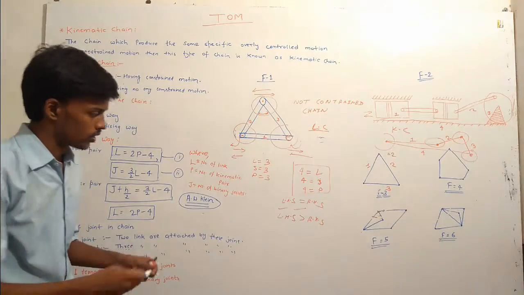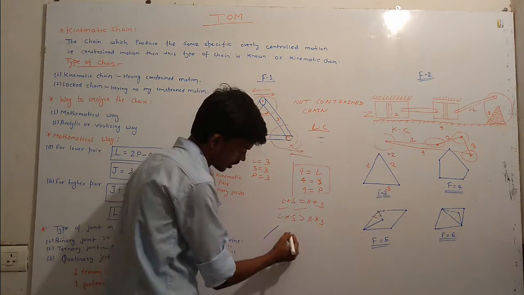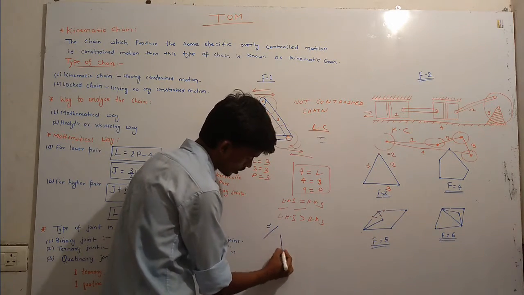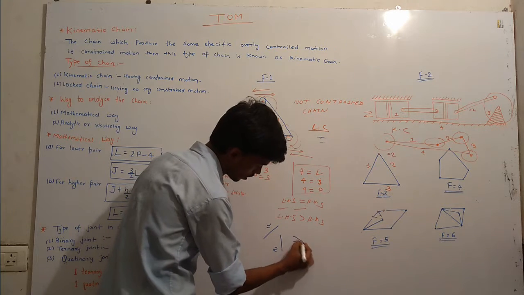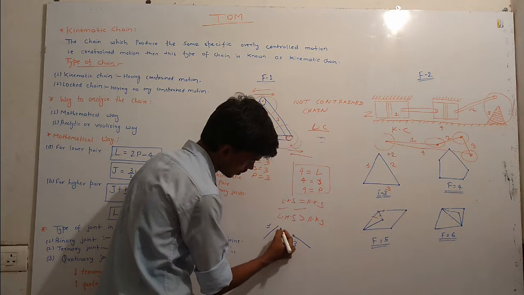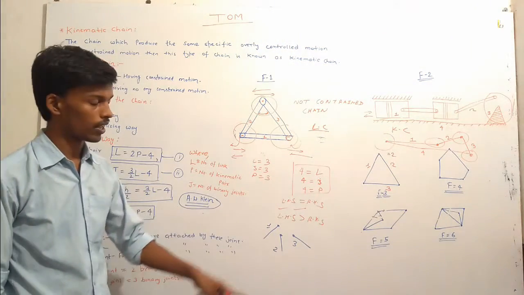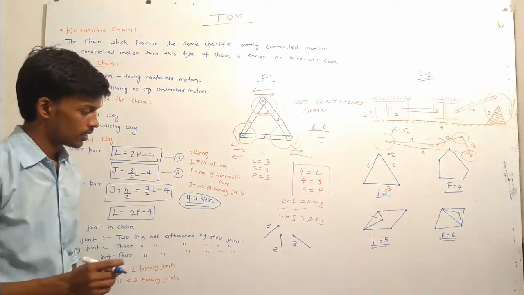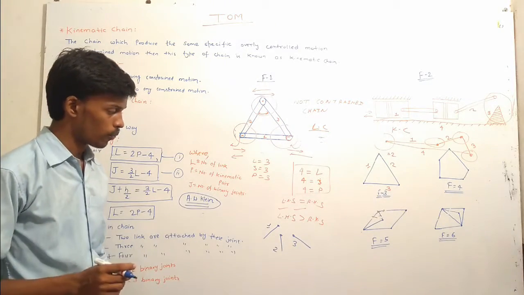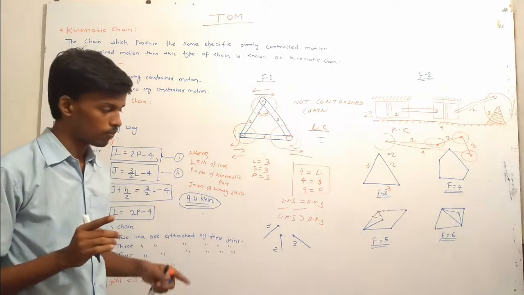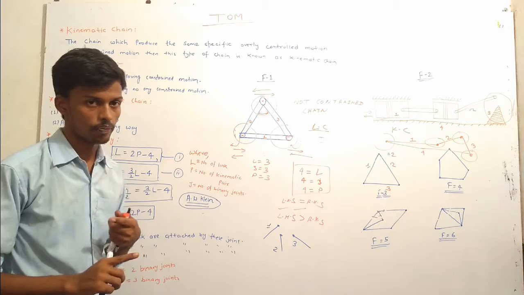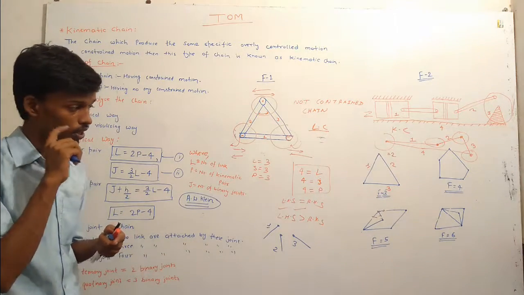Let's suppose there is link number one, link number two, and link number three. I want to attach these three links, but we have to take two links at a time because we have to make a binary joint.